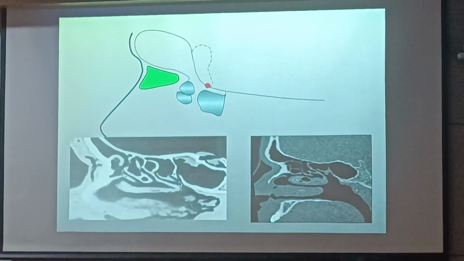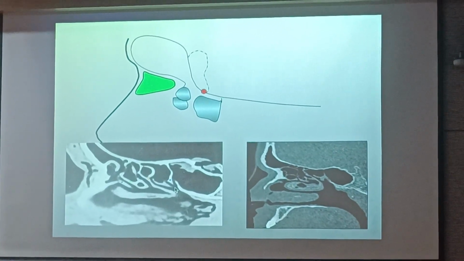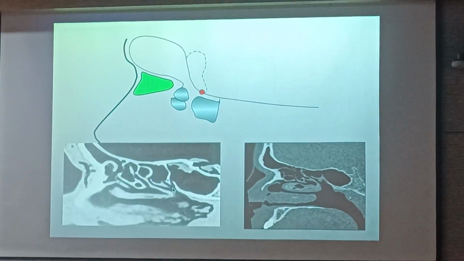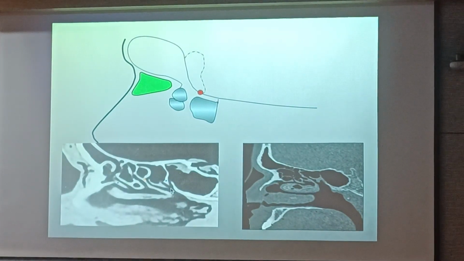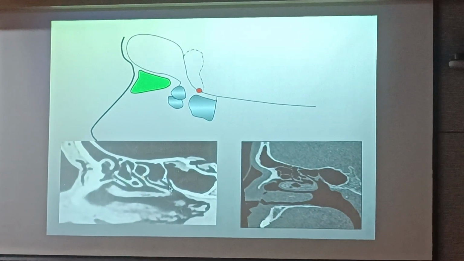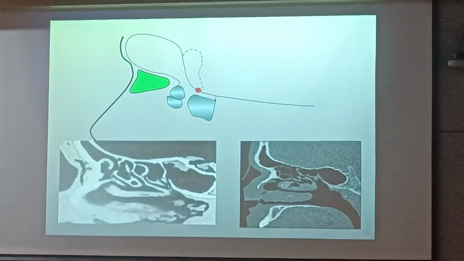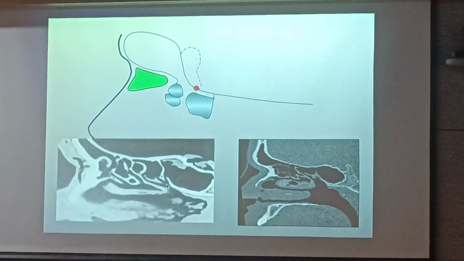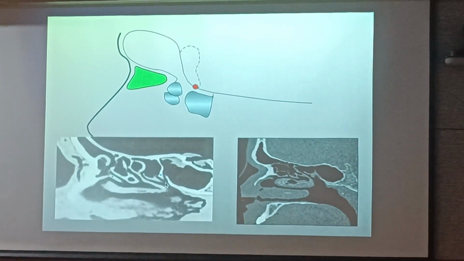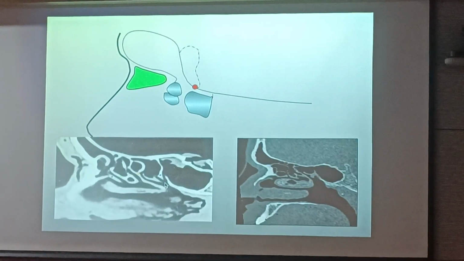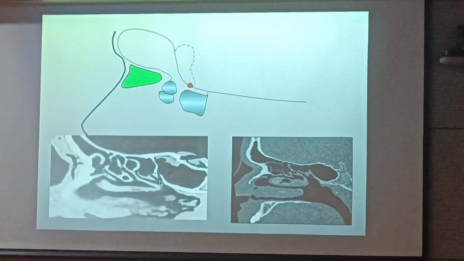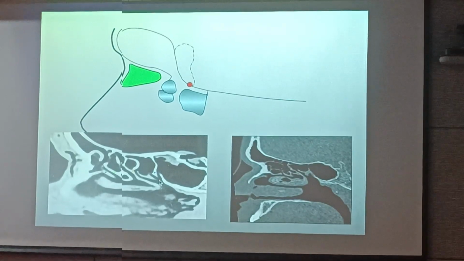And when you're doing complex frontal surgery, or if you're doing a revision frontal, you must have sagittal sections which are 1 millimeter cuts. So you can study that frontal recess very well, how many cells there are, how big they are, how much is the distance between the frontal beak and the cribriform plate.